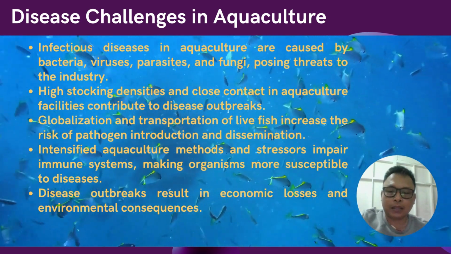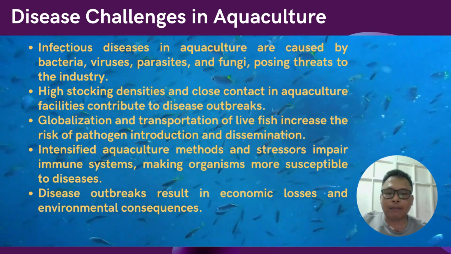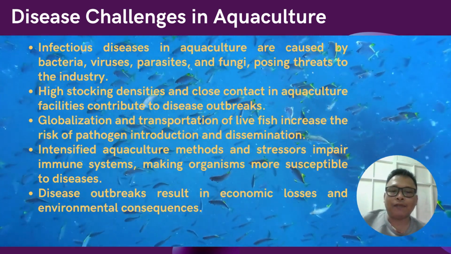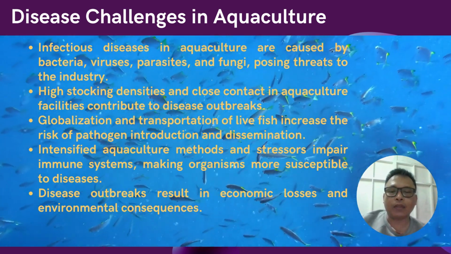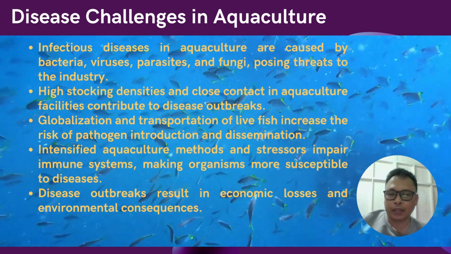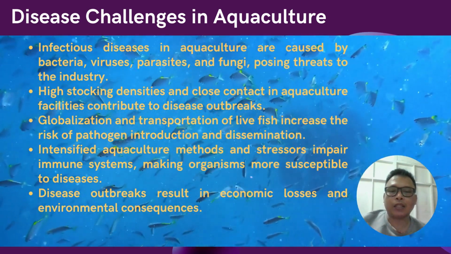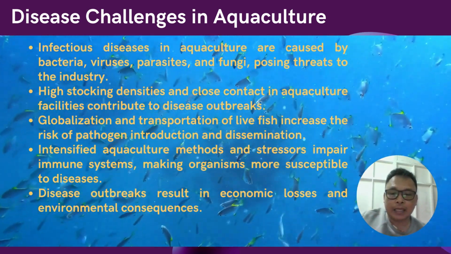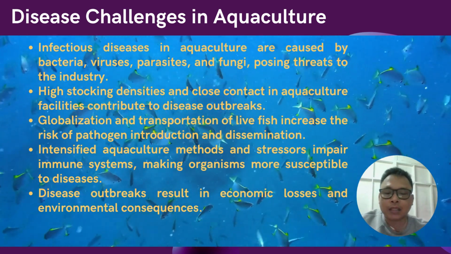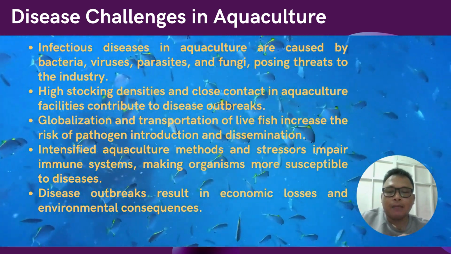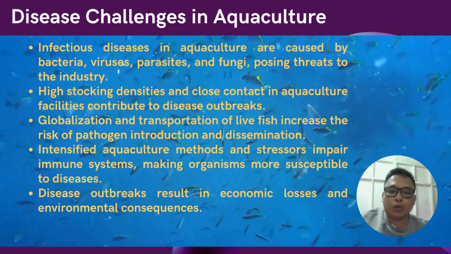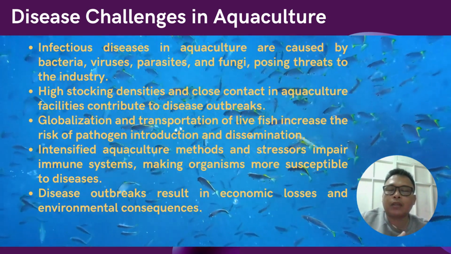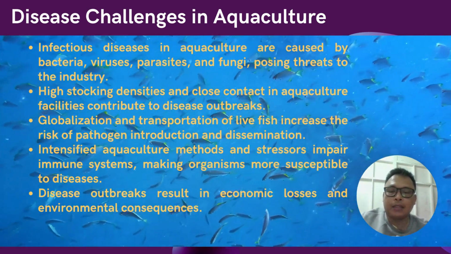Disease propagation has also been aided by the mobility of live fish and the globalization of the aquaculture trade. As fish transport across new places increases, this transportation of live fish has the potential to spread pathogens, especially if suitable biosecurity controls are not in place.